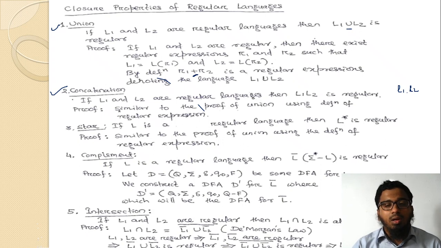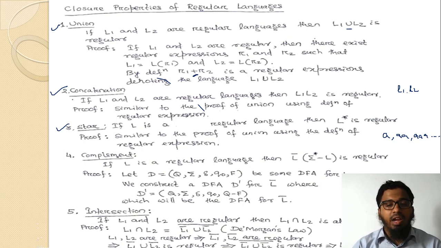That will represent concatenation. What is star? If L is a regular language, then L closure is regular, because if L is regular, L closure means repeated concatenations and so on.